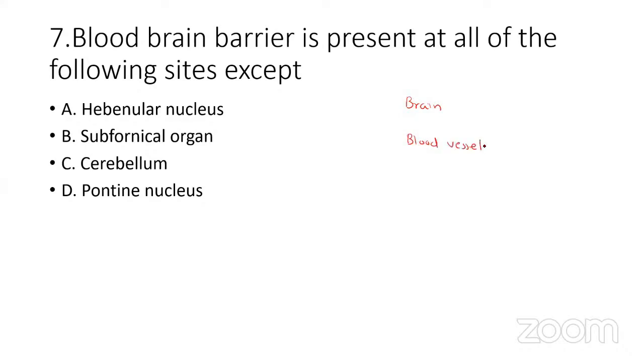It is formed by the tight junctions of endothelial cells. These are the endothelial linings of the capillaries, the tight junctions. And it is surrounded by the foot processes of the astrocytes.